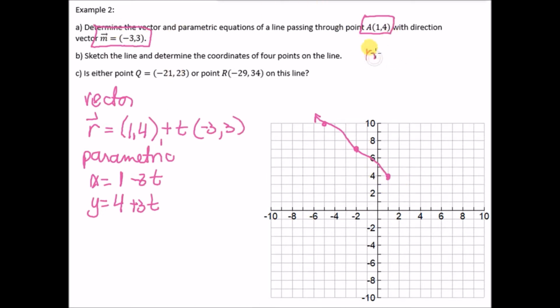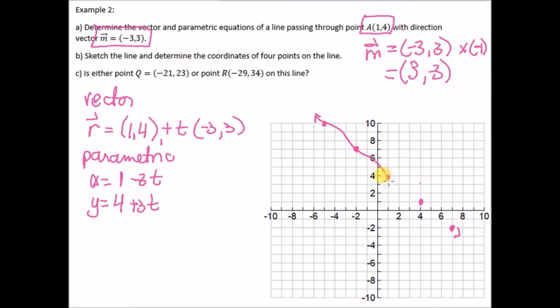So if we had vector m as (-3, 3), what I'm going to do is multiply this by -1. Okay, so we're actually going to get equivalently (3, -3). So I'm going to go 3 in the x direction, 1, 2, 3, and -3 in the y direction, 1, 2, 3.